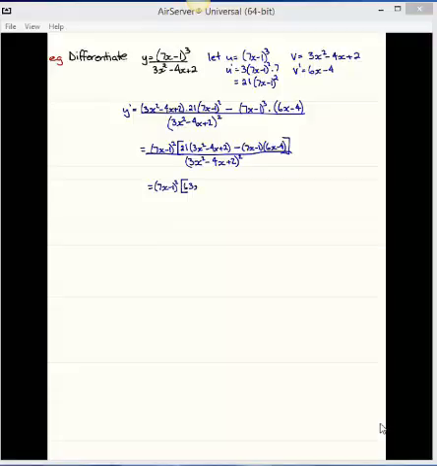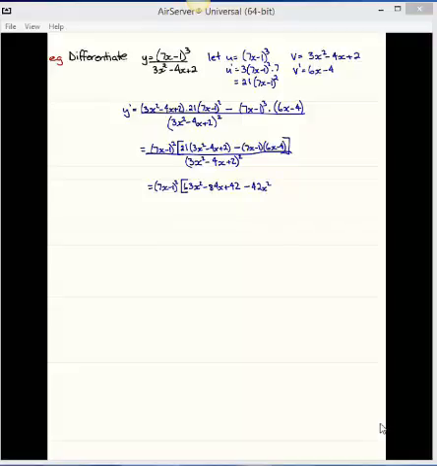63x squared minus 84x plus 42 minus, now 7x times 6x is going to be 42x squared.